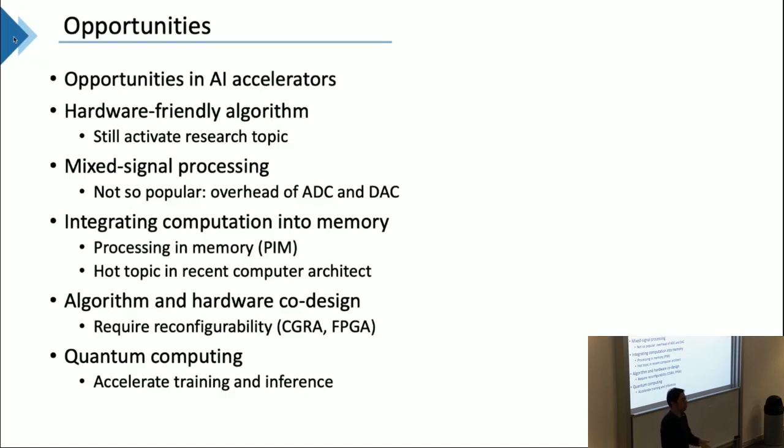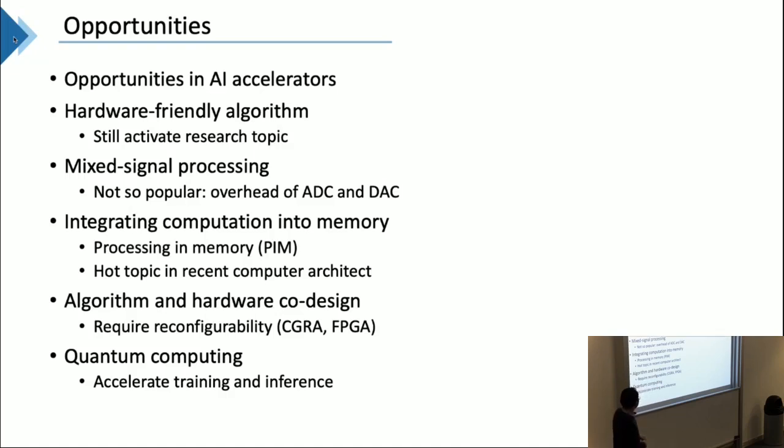And now, five years later, most people are focusing on large language models. This is the reason why the underlying hardware also needs some reconfigurability, such that when the upper-level algorithm changes, your hardware can still be reused for different algorithms. So this is another opportunity, I think, in the next 5 or 10 years.